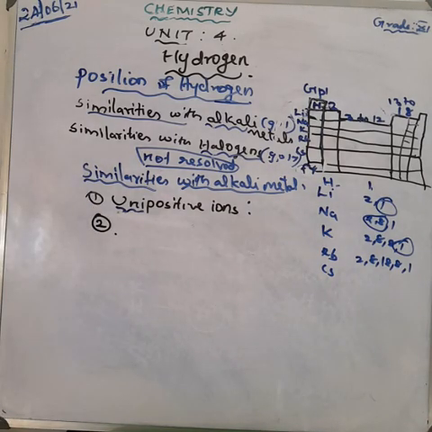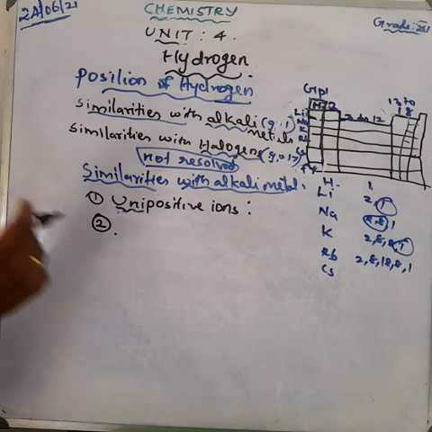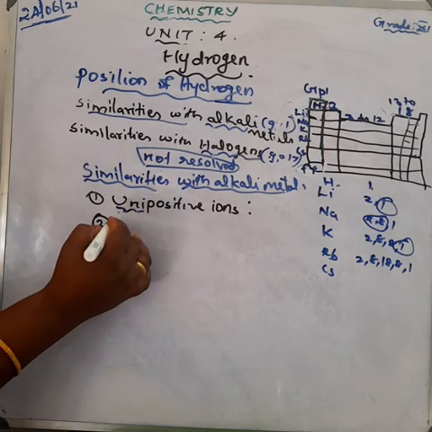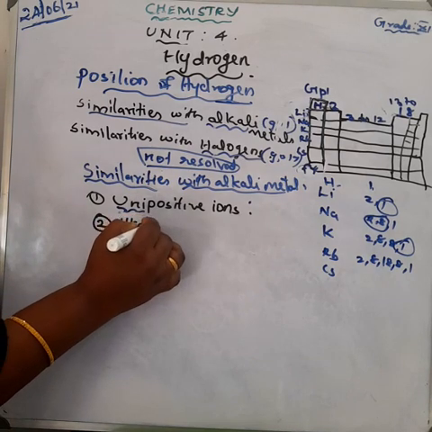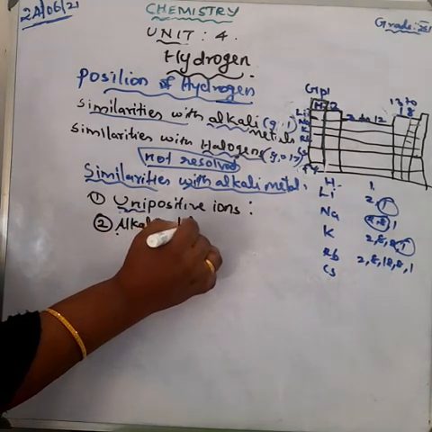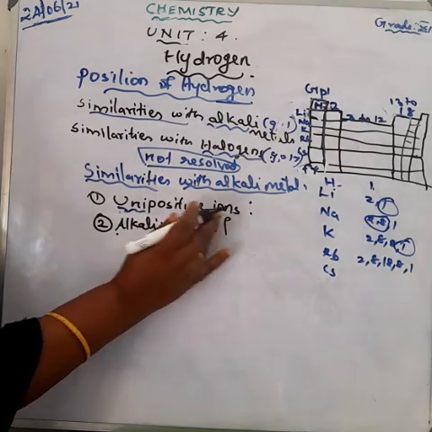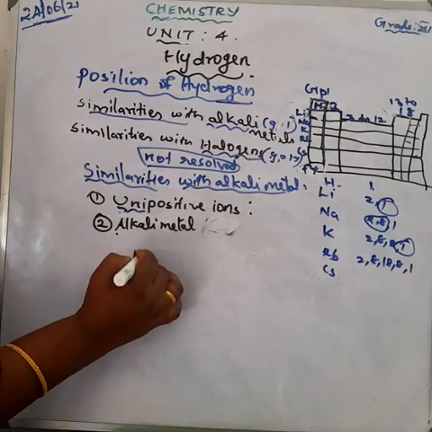Alkali metals react with oxygen to form the corresponding metal oxide. For example, lithium combines with oxygen to form lithium oxide.